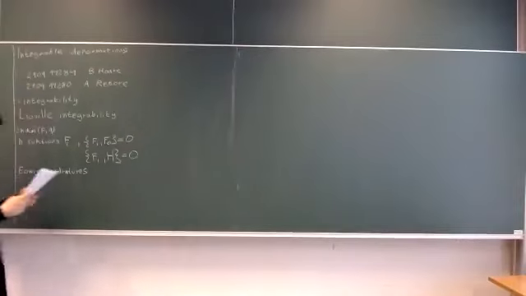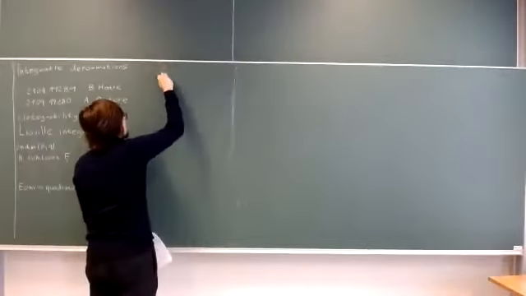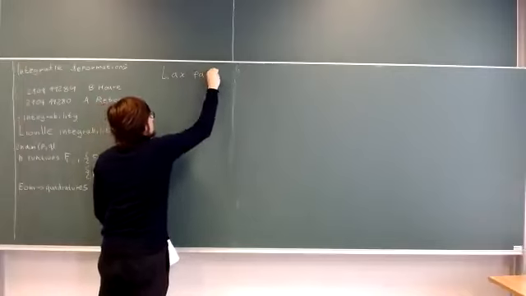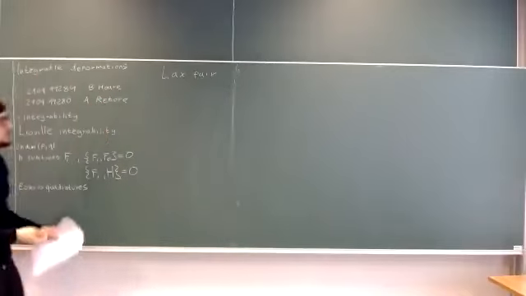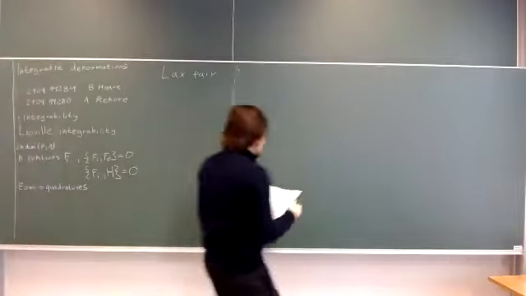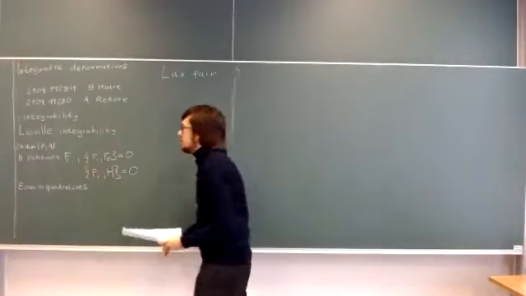But there is another way to find these conserved quantities. It's called the Lax method, which in some cases can be better or worse than this, because here you would have to find n-1 functions that satisfy this. So let's say you want to find a different method.